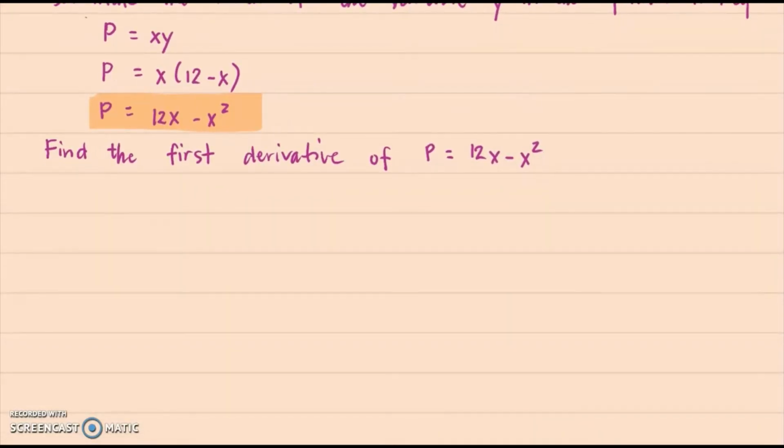So we have here P prime is equal to 12 minus 2x.